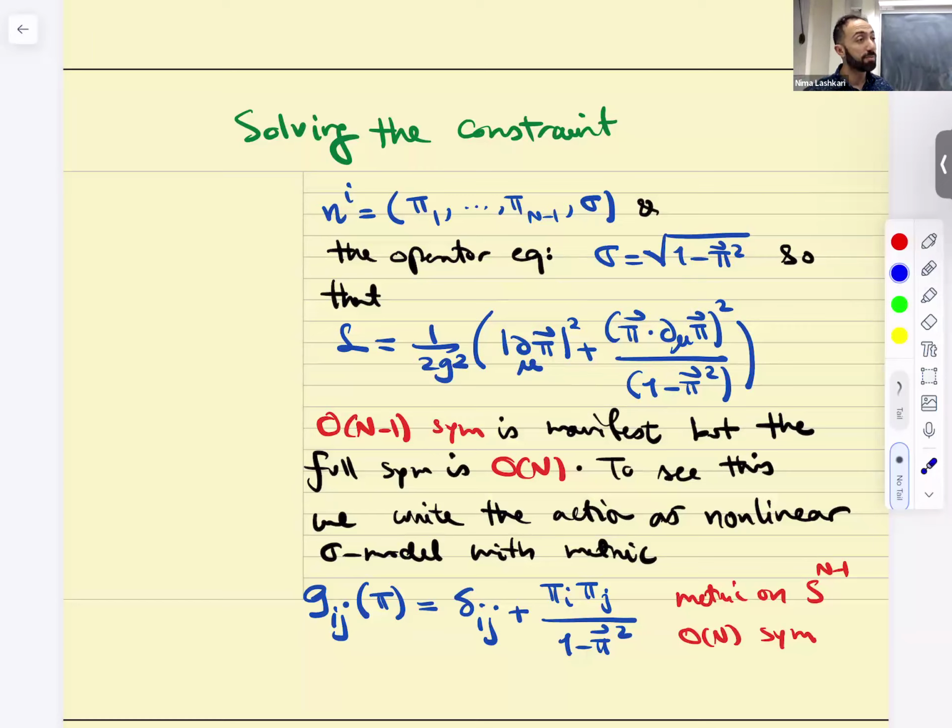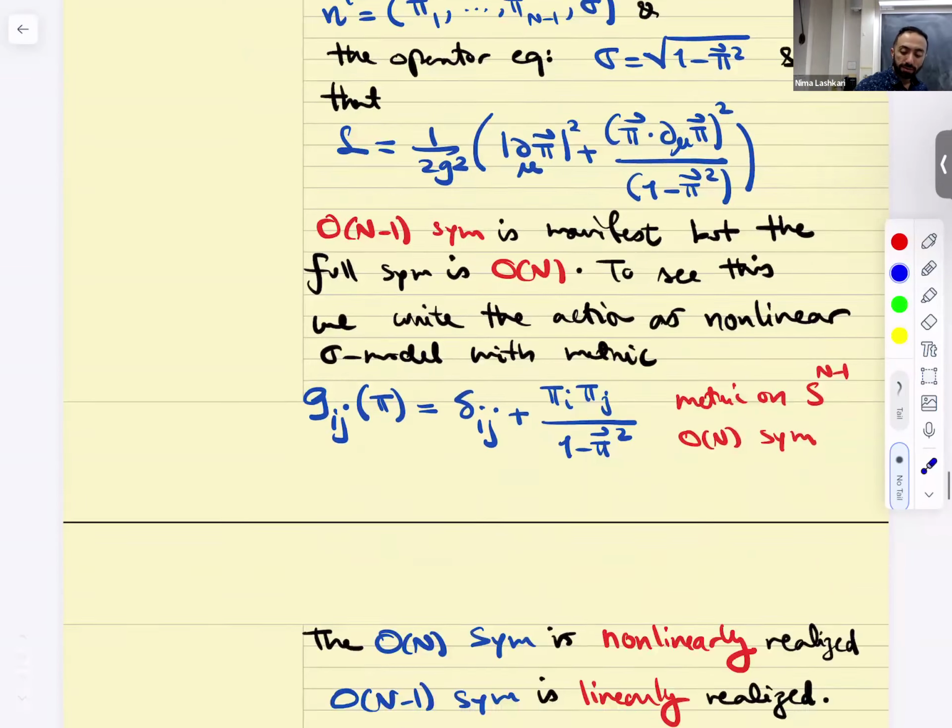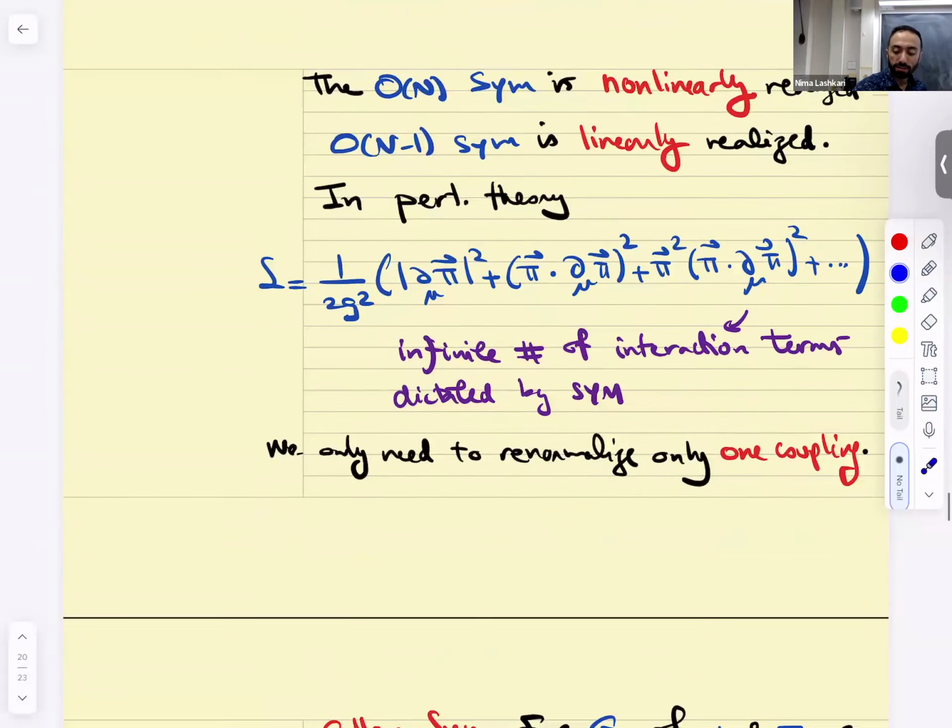If I didn't have this term, I would have O(N-1) realized linearly. This nonlinear term ensures that there's a larger symmetry. That's why it's called the nonlinear sigma model. This is the metric on S^(n-1), and that's O(N) symmetric. Okay, I said all of this.